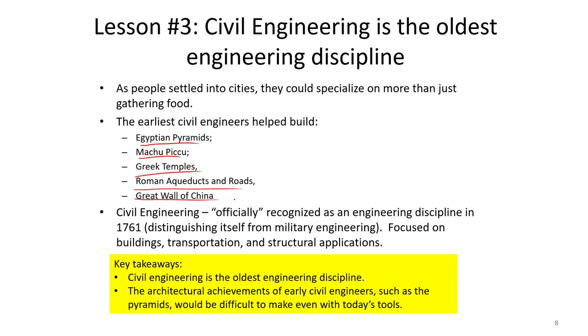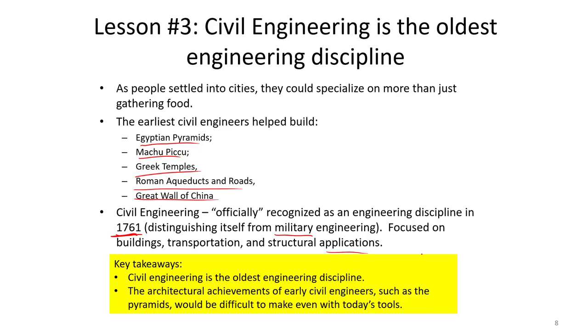And of course, civil engineering was later officially recognized in 1761, and here they were distinguishing civil engineering from military engineering, because civil engineering focused on buildings, transportation, and structural, rather than on building weapons and military type applications.